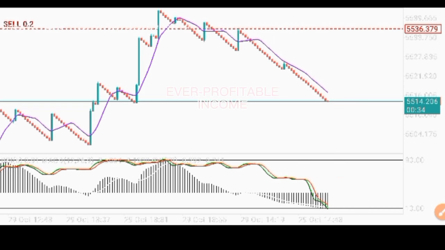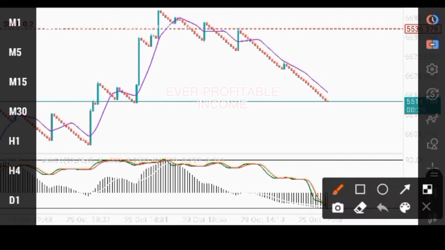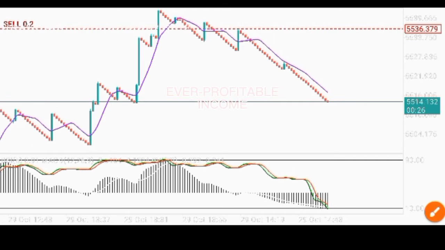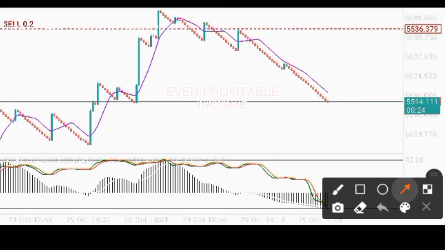Now, how this strategy works: this is our MACD over here, and this is the relative vigor index. On your main chart you have your moving average, which you use to confirm change in trend, change in direction of price.